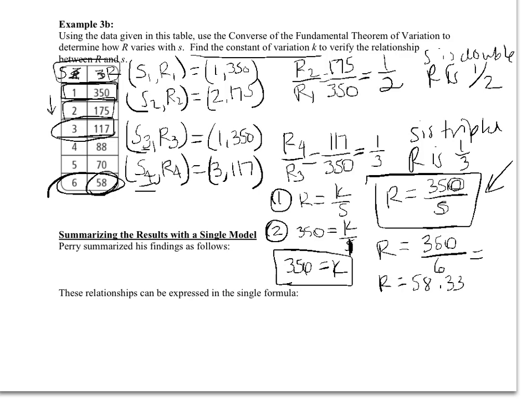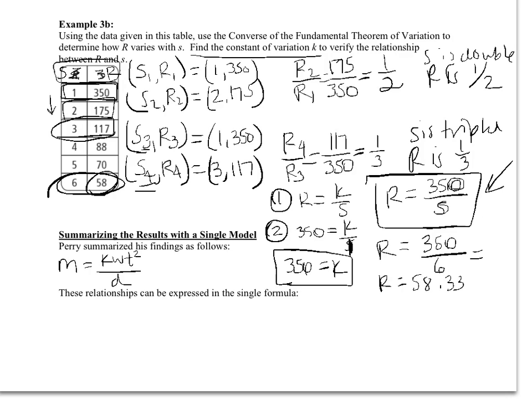If we summarize Perry's results, this is what happens. m varies directly as w and the square of t, while m varies inversely as d. We could write it as m varies directly as w and the square of t, and inversely with d.